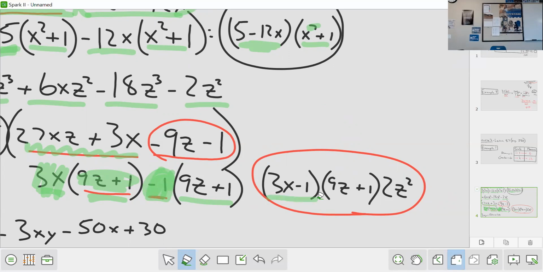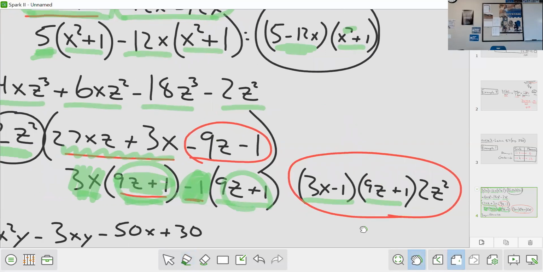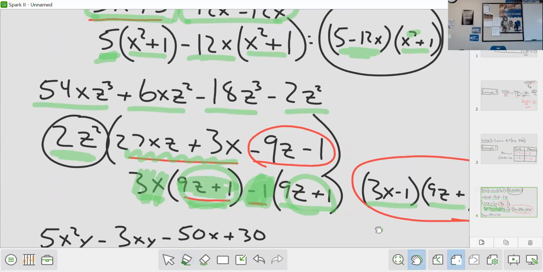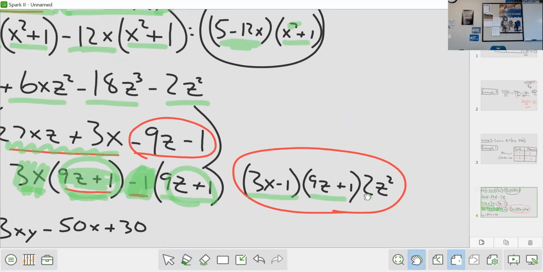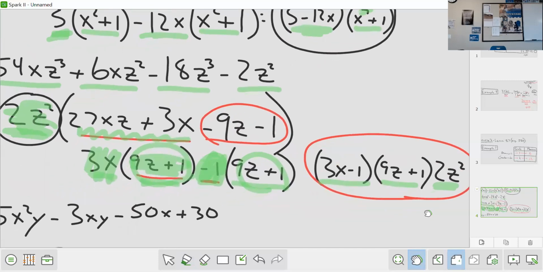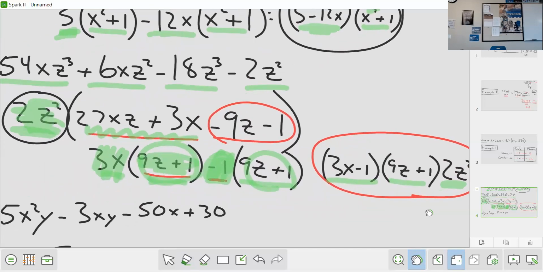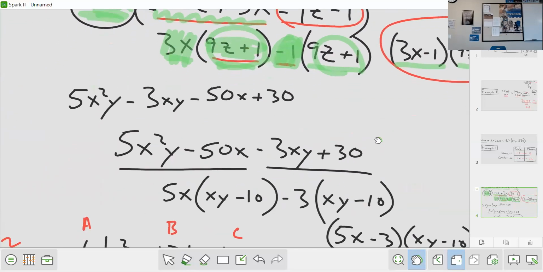I get my 9z plus 1, which is here and here, and I have that right there, and I can't forget my 2z squared, which I put on the back end here, but I could put it in the front. All right. So that one's a little trickier because you have to factor something out of all four terms first.